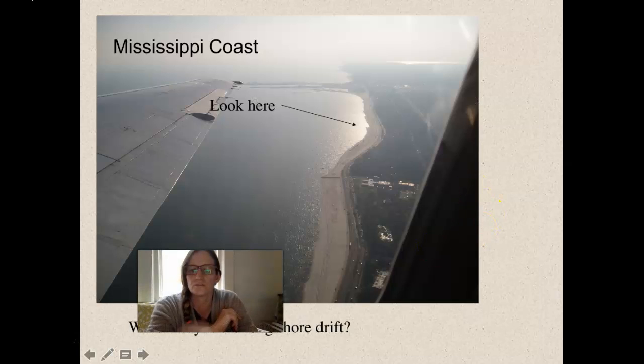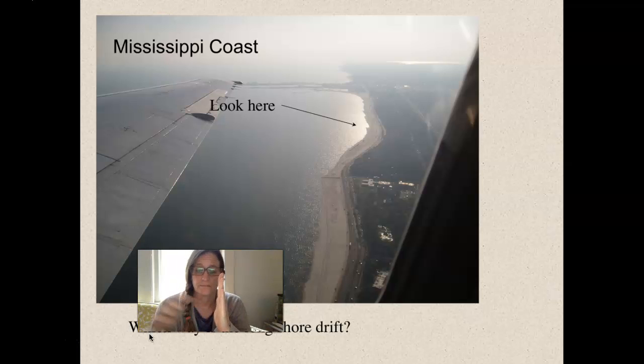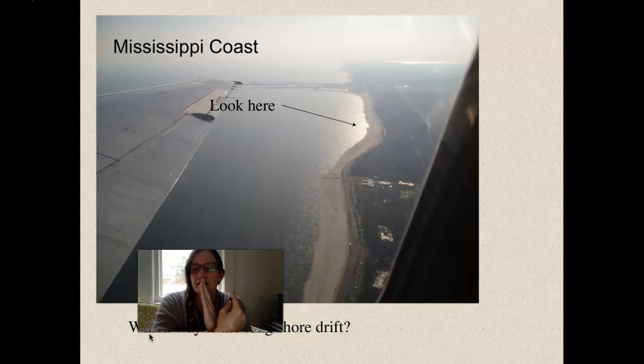In this image, which way is the longshore drift? So see those groins at the top of the image? You have the groin, you have sediment on one side. So the deposition is going to be down here. If this is the longshore drift, here's the deposition of the sediment, and then those people over here are not getting any sediment.